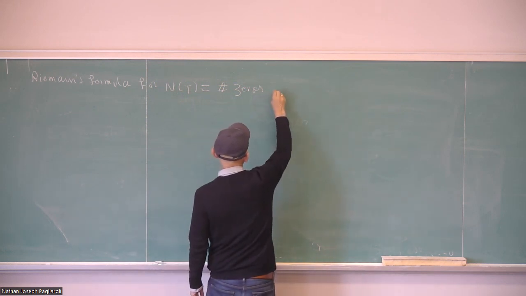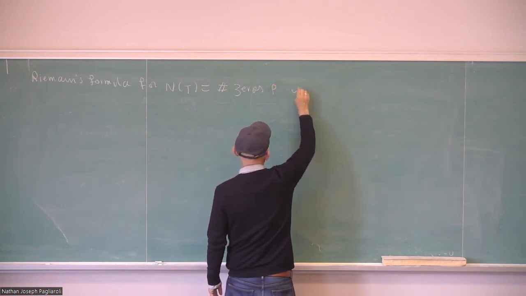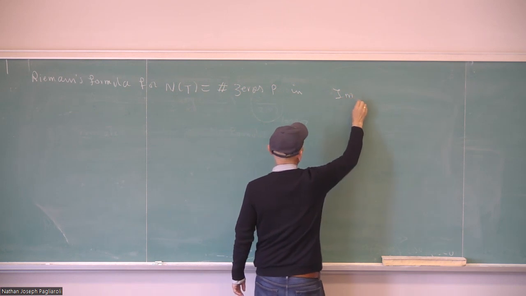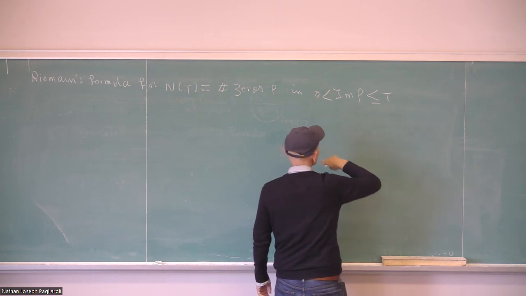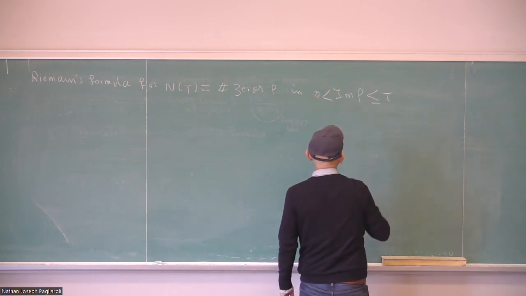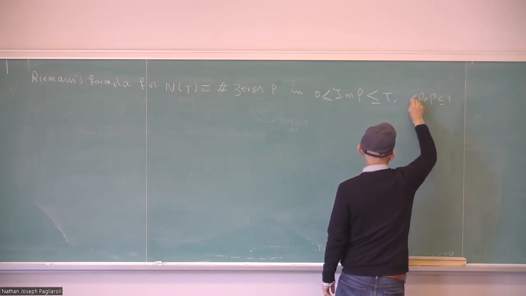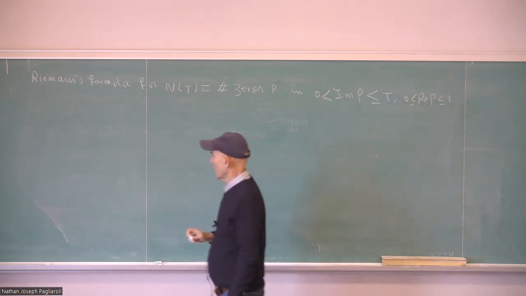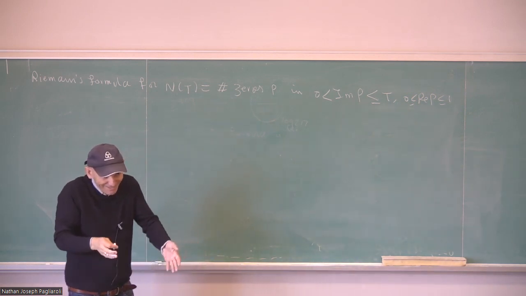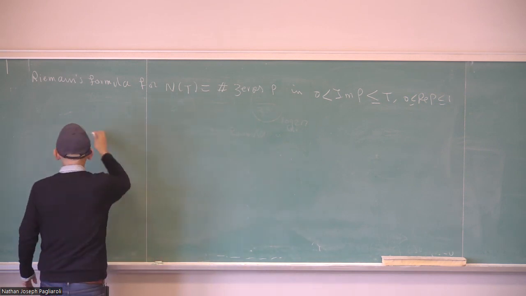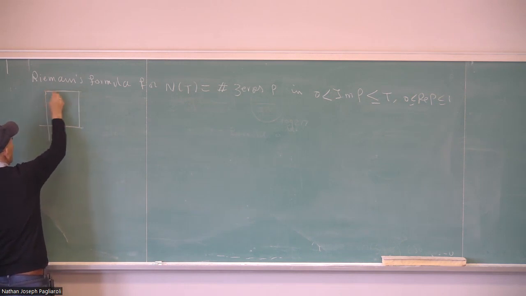Density of zeros: zeros rho with imaginary part of rho less than T, bigger than 0, and of course the real part of rho has to be between 0 and 1. So this is the quantity that you were worried maybe is infinite, right? You asked, do we know that this is finite? And I told you why this is finite.